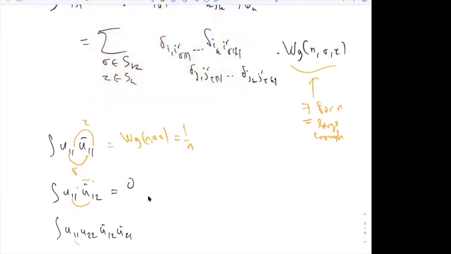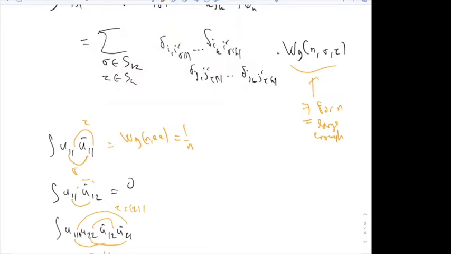This is going to be sigma, which is the identity, and the tau is going to be the swap between 1 and 2.